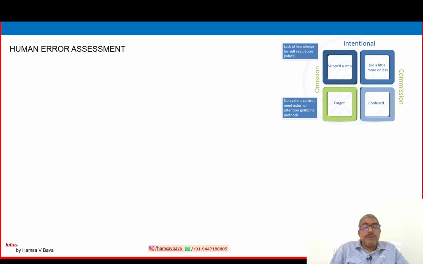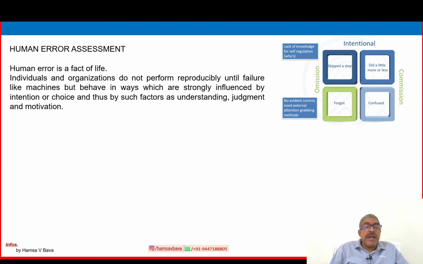Human error assessment also. Human error is a fact of life. Individuals and organizations do not perform reproducibly until failure like machines, but behave in ways which are strongly influenced by intention or choice, and thus by factors such as understanding, judgment, and motivation.